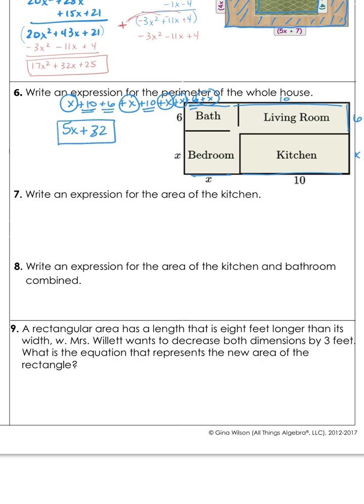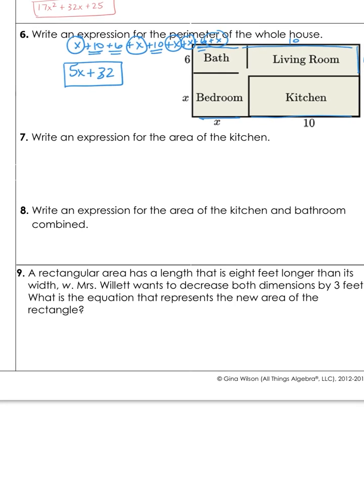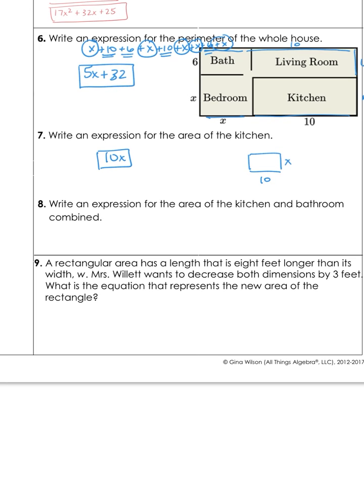Okay, so that's the whole house. Write an expression for the area of the kitchen. So if the kitchen has the 10 and then the width is x, I'm just doing 10 times x, so that's just 10x. Okay? And then write an expression for the area of the kitchen and the bathroom. So I have the kitchen already done.